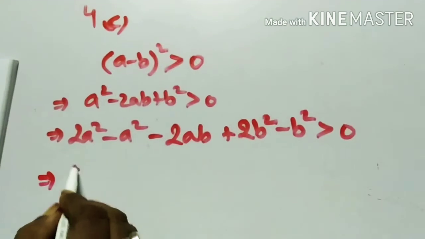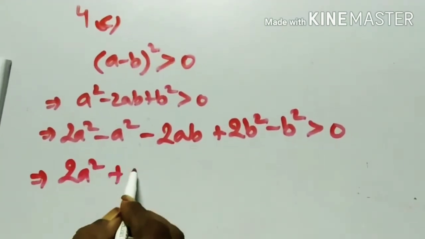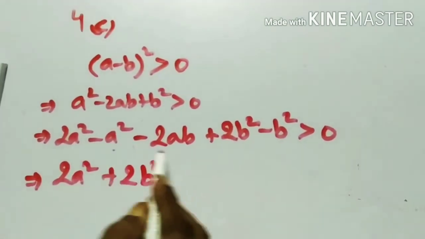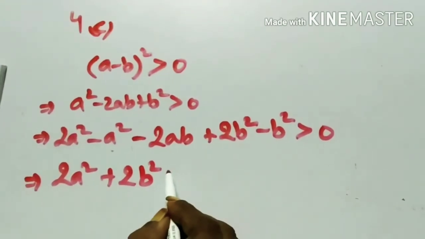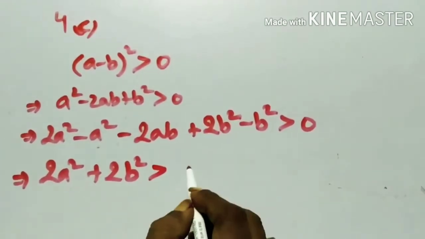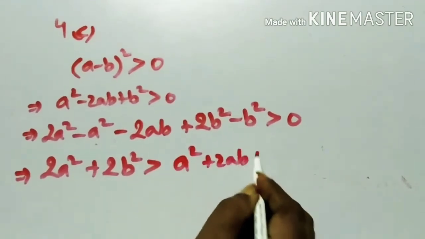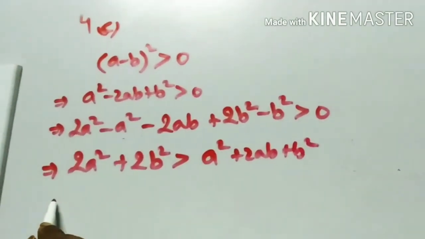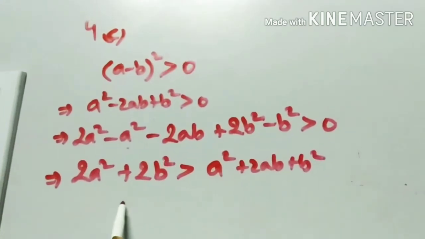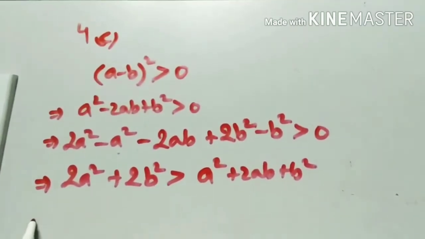So here 2a² + 2b², the rest of these terms I am going to send to the right side, which will become a² + 2ab + b². Now I am going to divide both sides by 4.